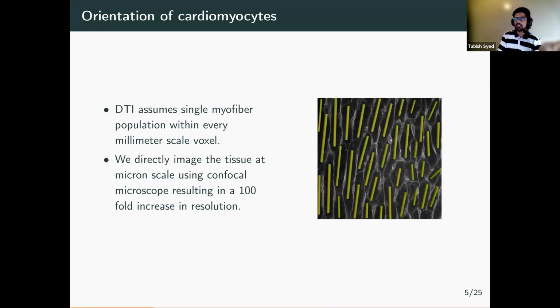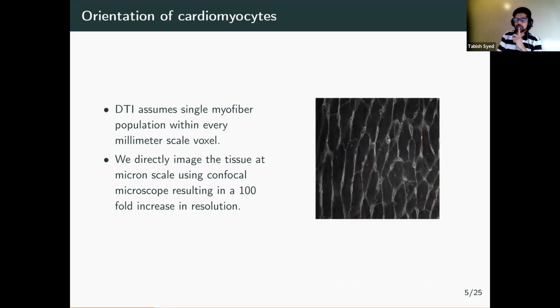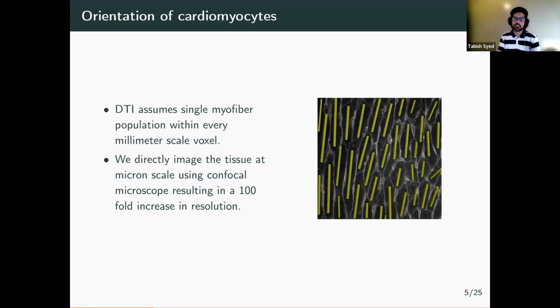Once we have that, if you look at the cells, you'll see that the intensity of the images doesn't change much along the cells, but it changes very rapidly across the cells. So using this simple idea, we can estimate the direction or orientation of each cell.